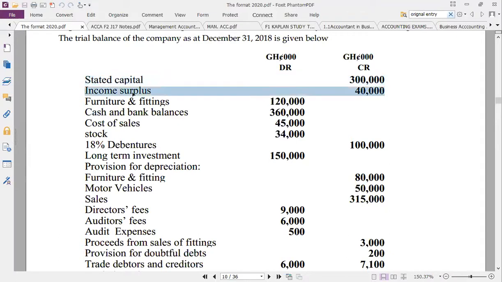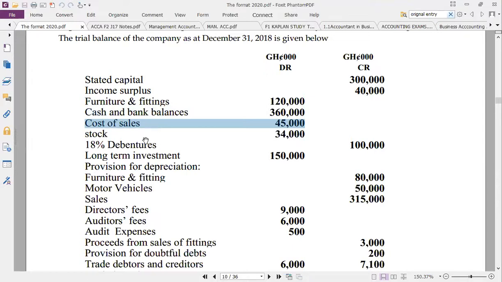Income surplus, the same place. Change in equity and the financial position. Furniture and fittings, it will go to the PP workings or the PP schedule. Good. Cash and bank balances, that's the current asset, right? Cost of sales, it will go to the profit or loss, right after sales revenue.